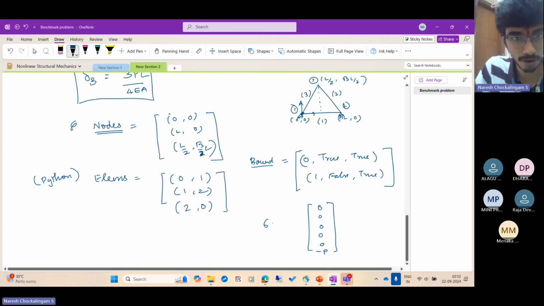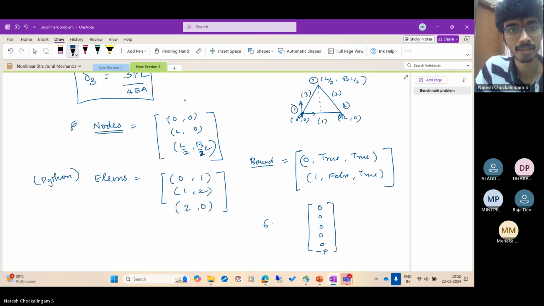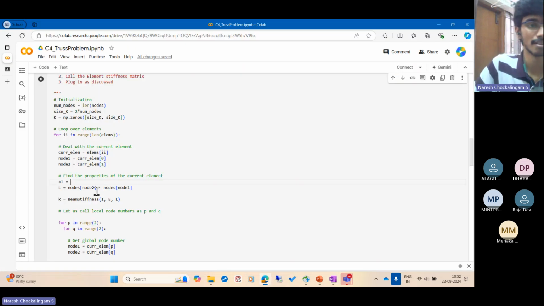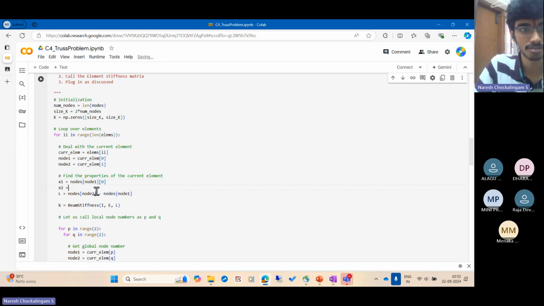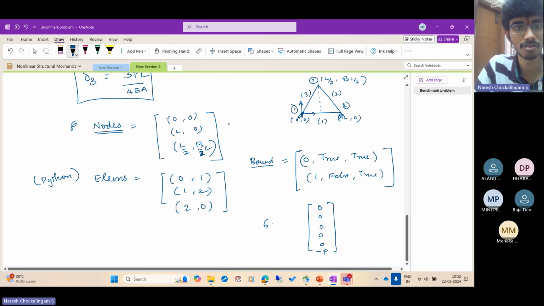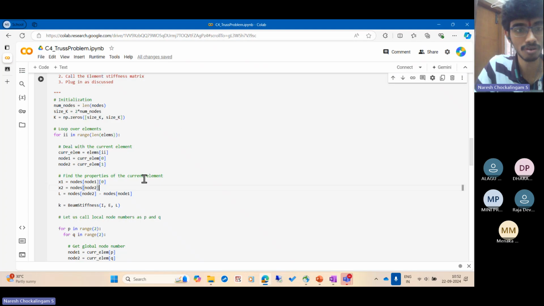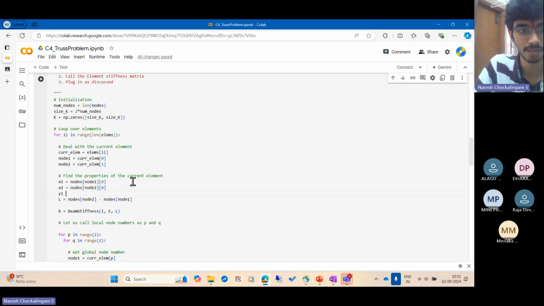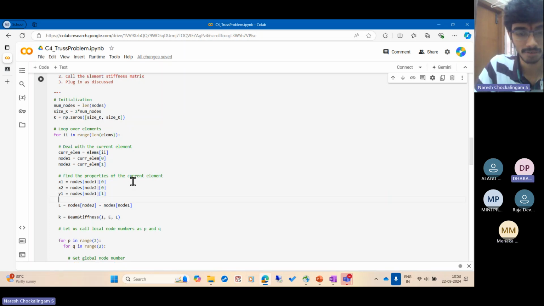In the nodes matrix, corresponding to a node number, the first entry is x and the second entry is y. So x1 is nodes of node 1, 0th entry. x2 is nodes of node 2, 0th entry. y1 is nodes of node 1, first entry, and y2 is nodes of node 2, first entry. Very good.